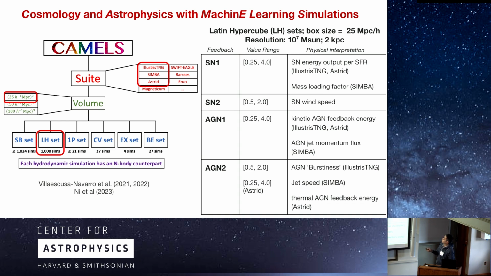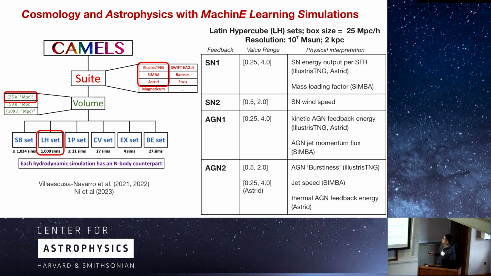Here is a description of the feedback. SN1 stands for the supernova energy output per star formation rate for TNG and Astrid, and it stands for the mass loading factor for SIMBA. SN2 is the wind speed of the supernova.